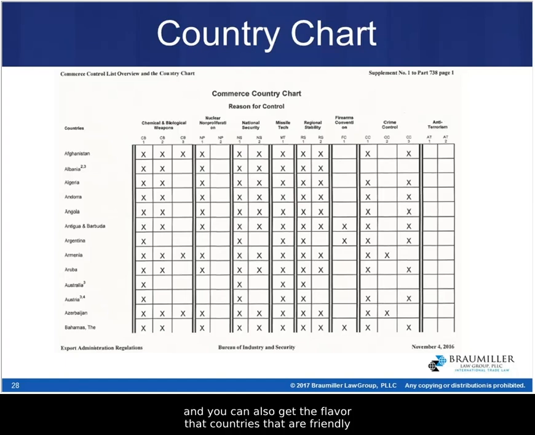And you can also get the flavor that countries that are friendly to the United States, that sophisticated trading partners, are more likely to not require a license for a license to be required on export, provided that, and these are determinations made on a case-by-case basis. If it's a truly highly controlled item, then it will be restricted for every country, even the UK or Canada possibly.